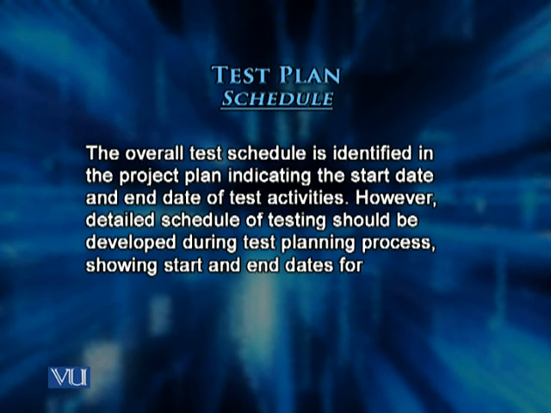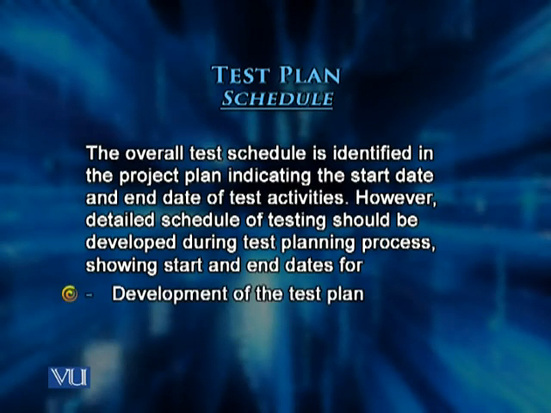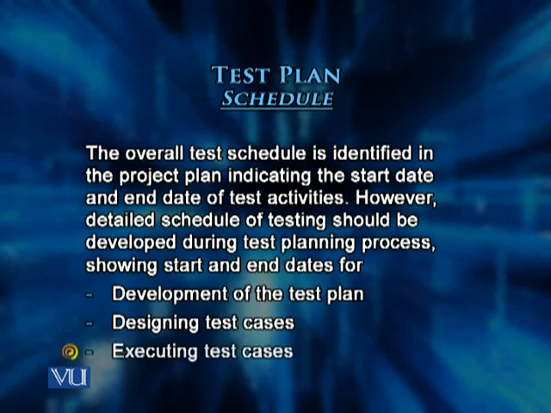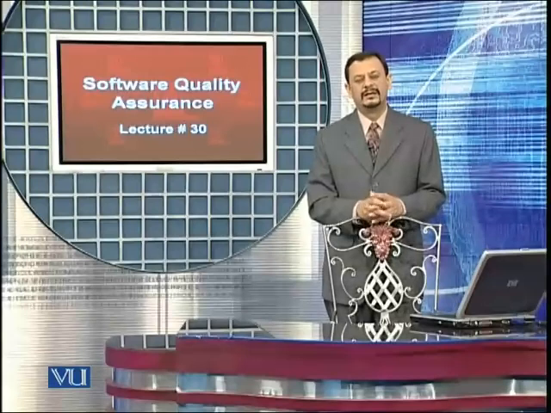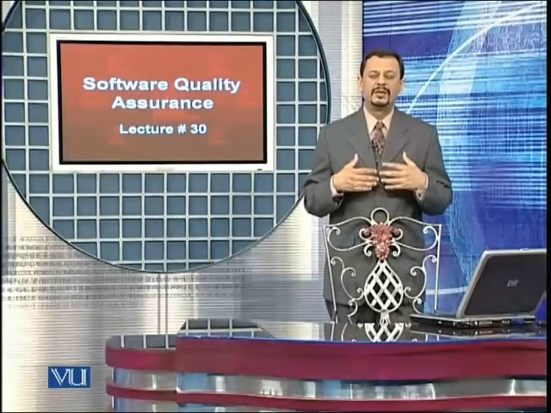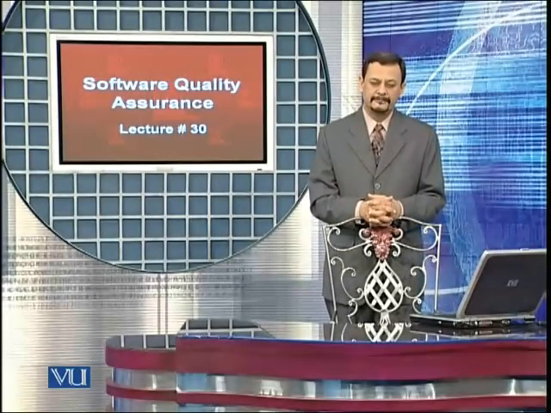However, detailed schedule of testing should be developed during test planning process, showing start and end dates for the development of the test plan, for the designing of the test cases, for the execution of the test cases, for problem reporting, and for developing the test summary report that includes all the findings.